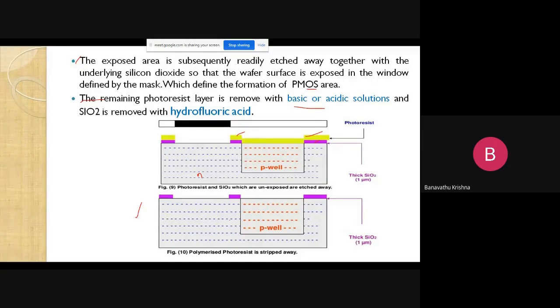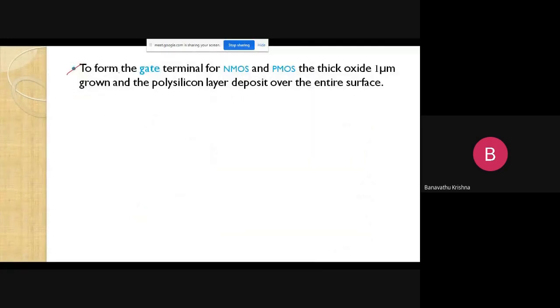Right? Next, to form the gate terminals of the N channel and P channel, a thick oxide of 1 micrometer is grown, and the polysilicon layer is deposited over the entire surface. We need to make the gate terminals for the N channel and P channel.